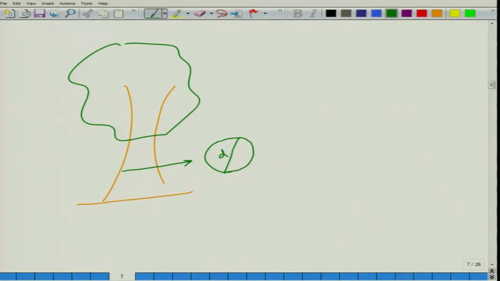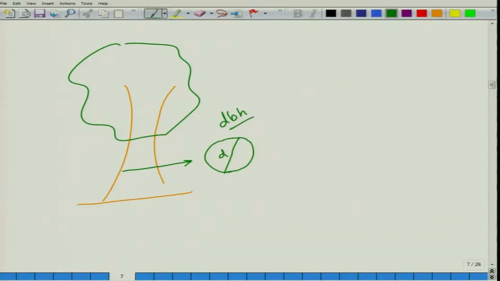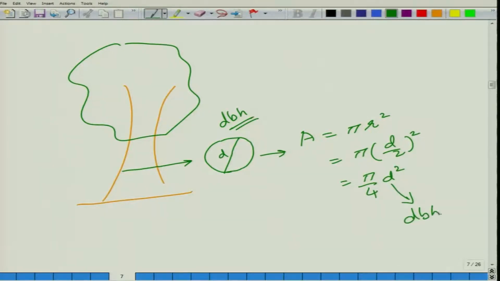When we are calculating the basal area, we take our samples at breast height, so the diameter is equal to the diameter at breast height, also known as the DBH. If we consider a circular cross section, the area is given by pi r square, or pi (d by 2) square, or pi by 4 d square, and here our d is equal to the DBH.